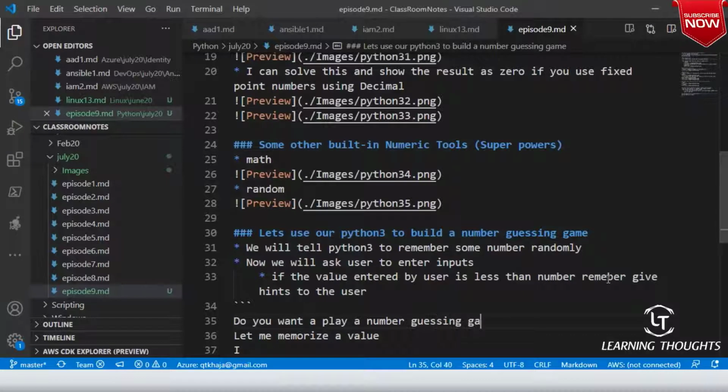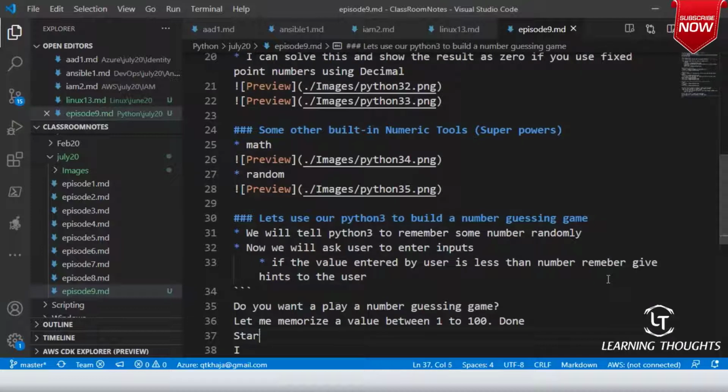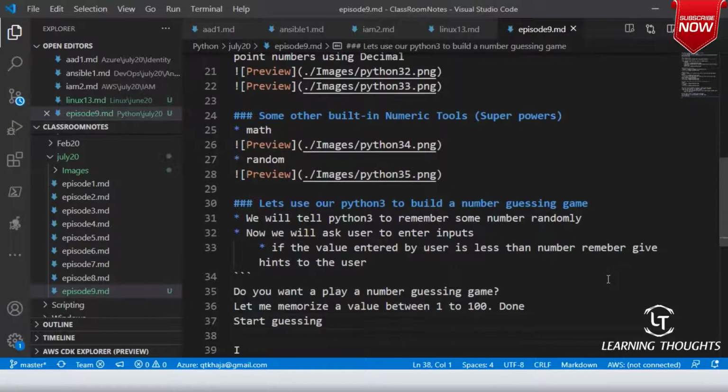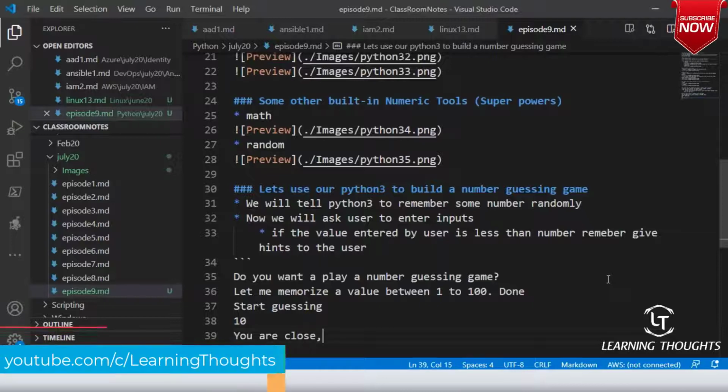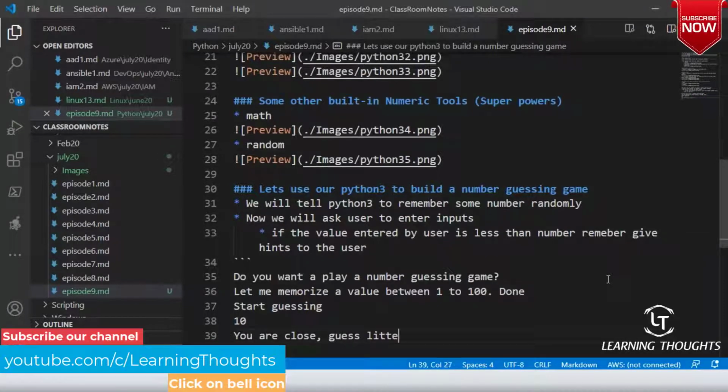You'll tell the user, let me memorize a value between 1 to 100. Done. Start guessing. Now the user enters the input as 10. You are close, guess a little bit higher.